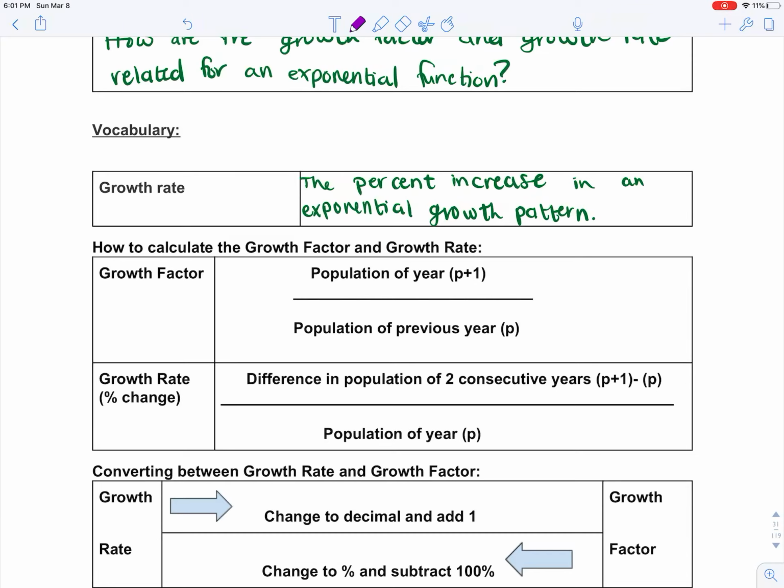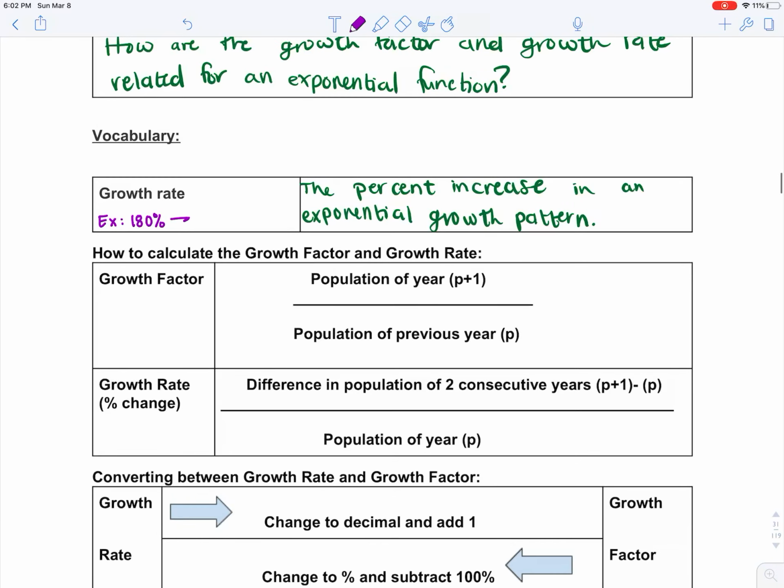We're still at 100%. We're not growing very much. For a good example of this, if I were to say that my population is growing 180% each year, that means that there's an 80% increase.